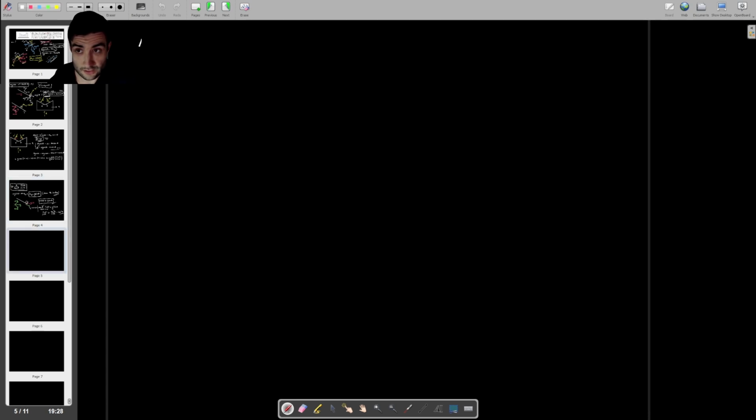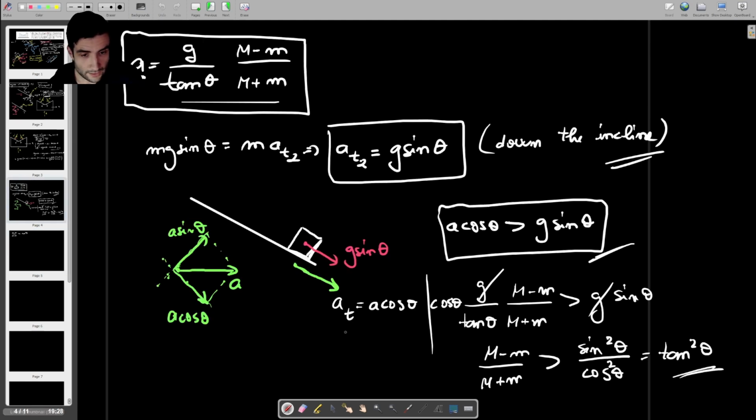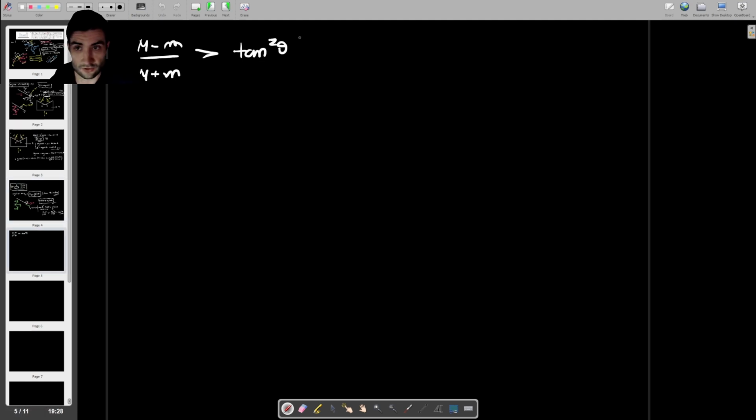So we can now write that M minus m over M plus m has to be greater than tan squared of theta. And then we can just rearrange and see what we get in terms of small m. So this is going to give us that M minus m is bigger than m plus M tan squared theta.